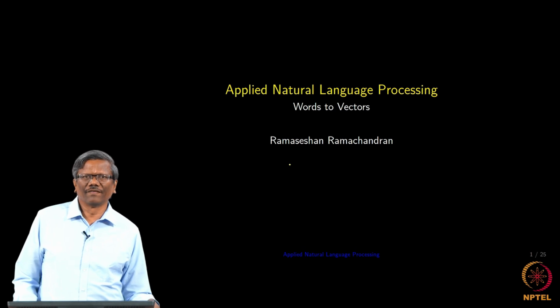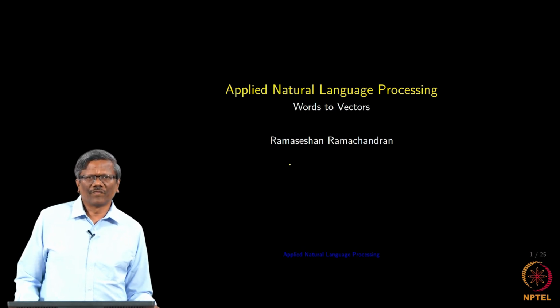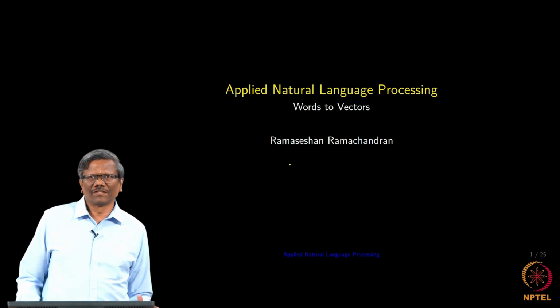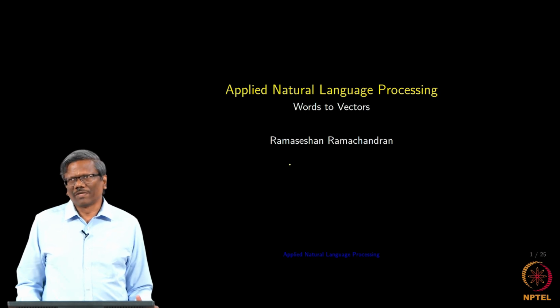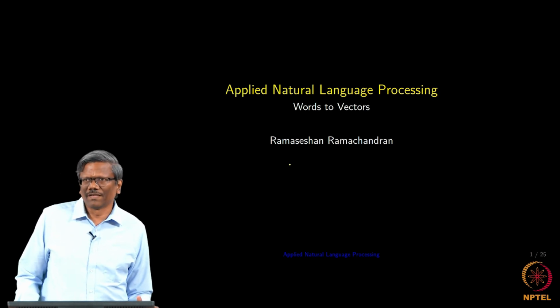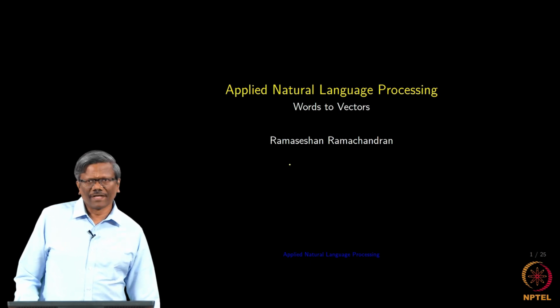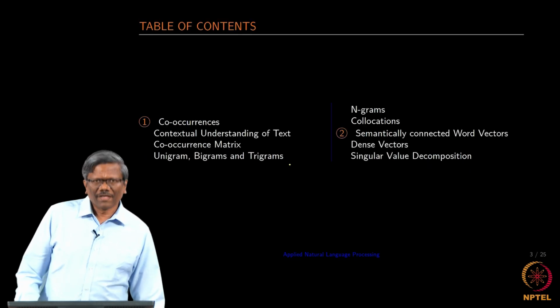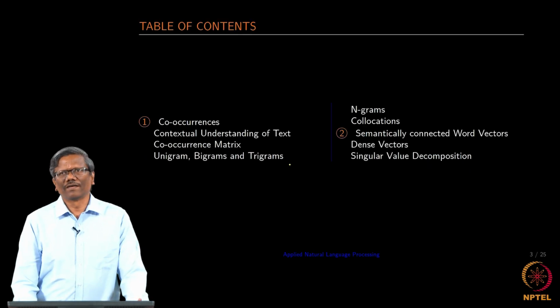trying to define how we can convert the documents into a term document matrix, and how we can convert the words into word vectors, document vectors, and how we can represent them in the vector space and so on. Okay, in continuation of that, we are going to be talking about the co-occurrences of words.